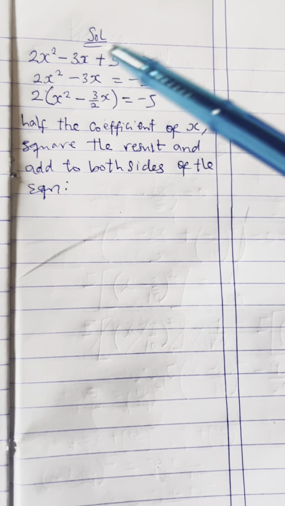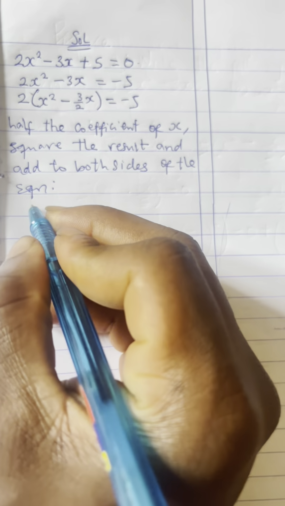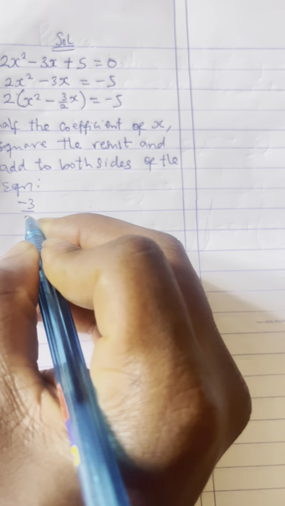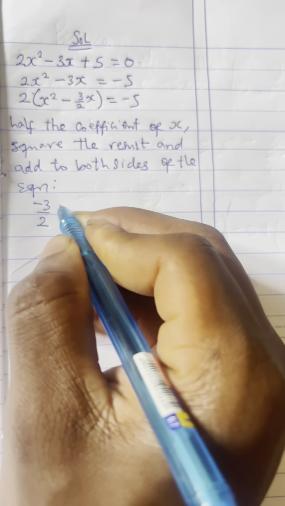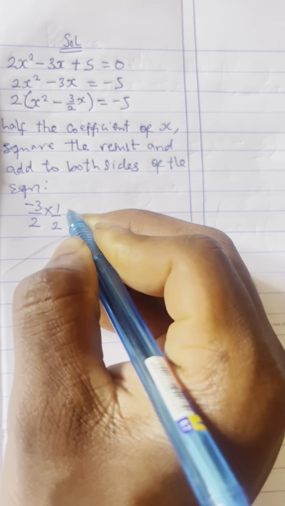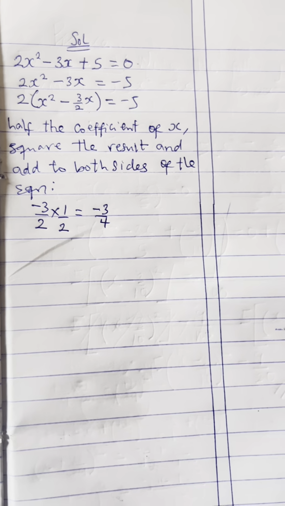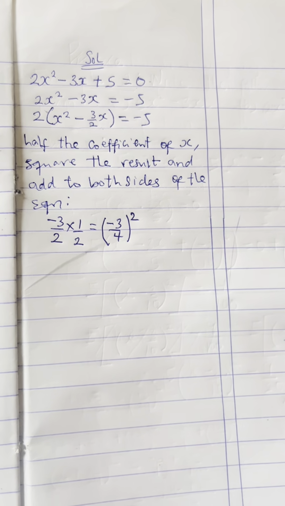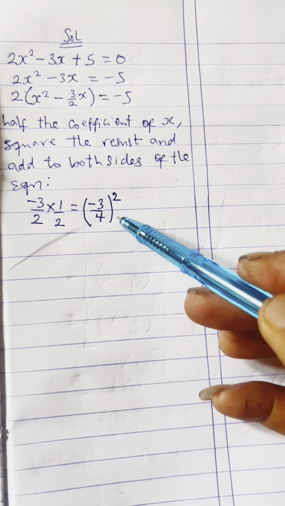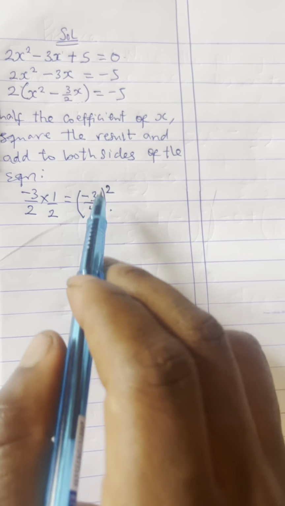So guys, we're going to see that the coefficient of x is minus 3 over 2. The half of this, that is by multiplying it by 1 over 2, will be minus 3 over 4. So anything I got, I'm going to square it. I will then add this value to both sides of this equation.